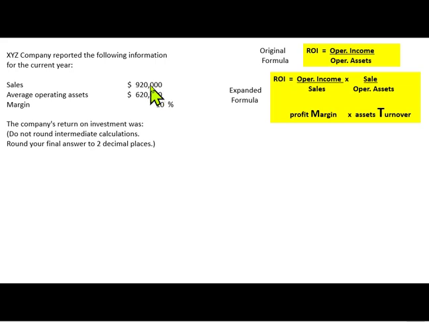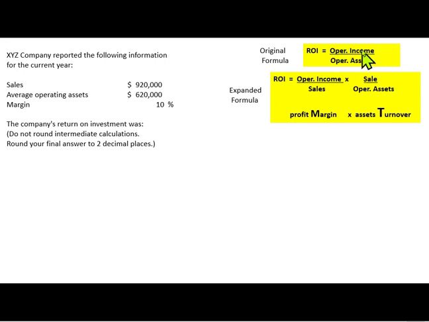Well, sales fits better down here in this expanded formula, and average operating assets would fit right here, so that's a piece we could put right there. Margin is 10%, again the profit margin. It fits better right here. So if we're looking for return on investment and using the top one, the original short formula, we've got operating assets, which is the denominator, but we don't have operating income.